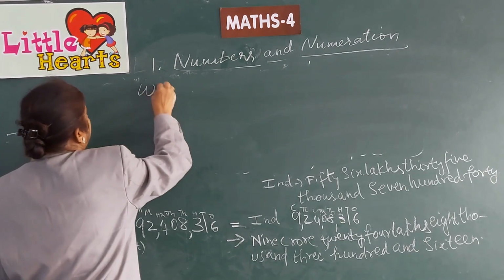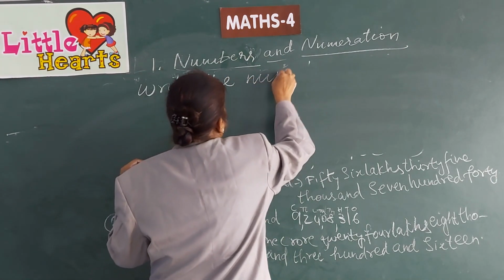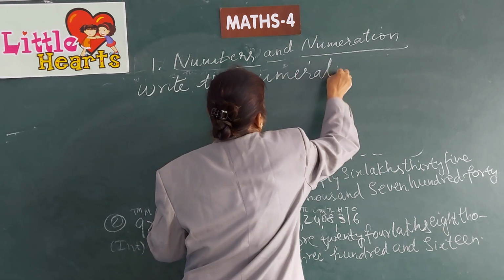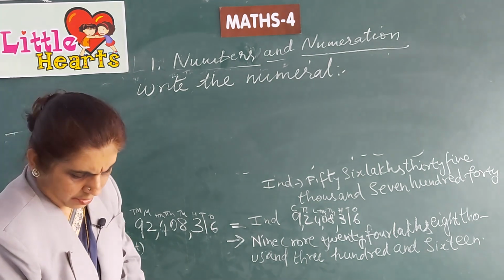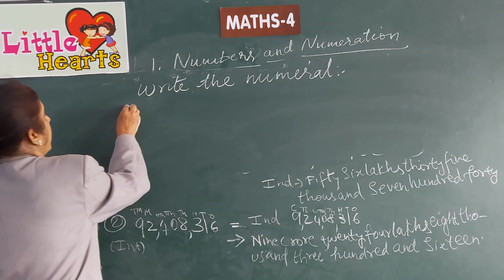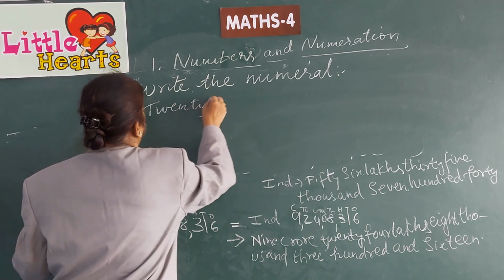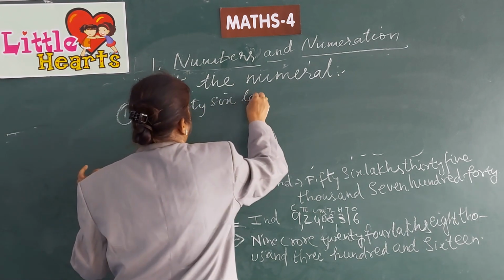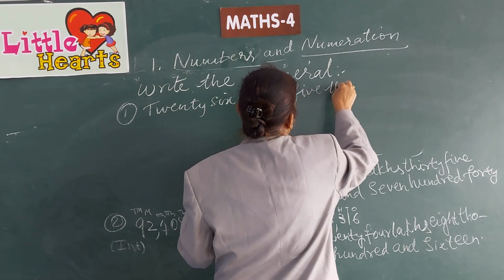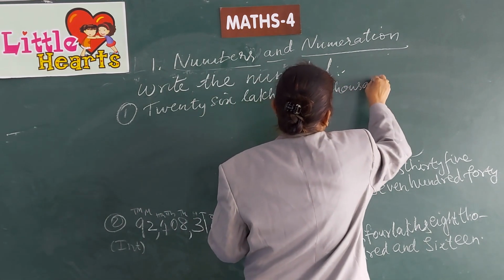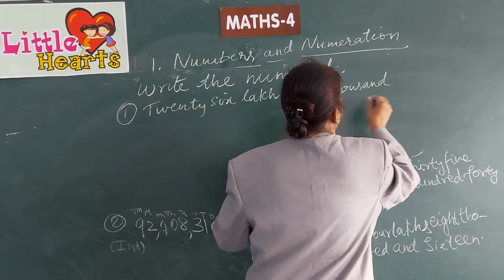Now write the numeral. 26 lakh 5,000 400.